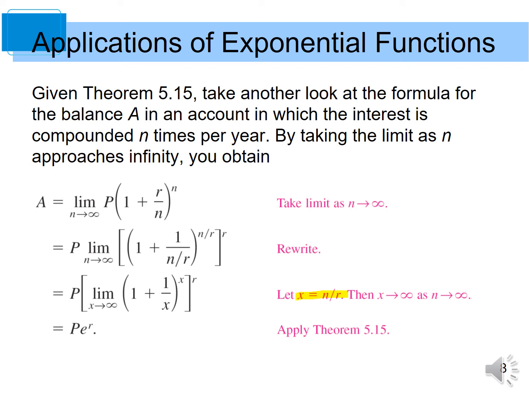And for this expression, we have proven that the limit of 1 plus 1 over x to the power of x when x tends to infinity is about the value of e. So this can be written as e. So this is the formula for the interest compounded an infinite number of times.